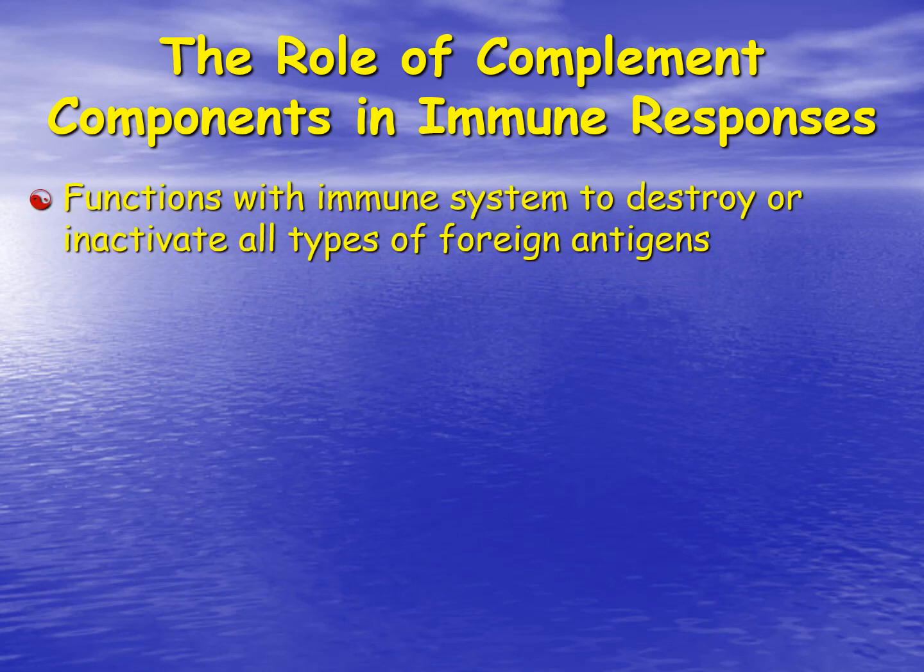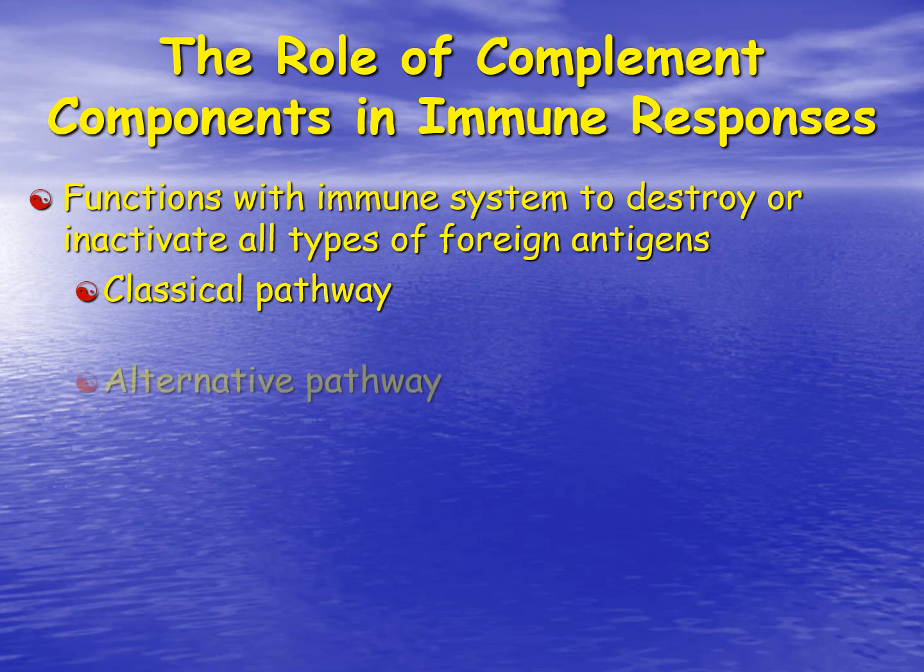Now, I mentioned the complement system in inflammation. Well, the complement system is a blood plasma cascade that will function with the immune system to destroy or inactivate types of foreign antigens. It's activated by the antigen-antibody complex in what's known as the classical pathway.